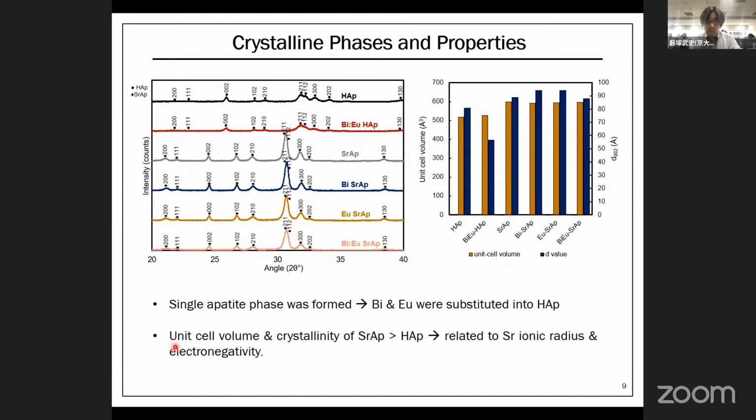I think these are nanocrystals of apatites, is that right? It is effective for cancer, and the dissolution rate is very high compared to those synthesized at high temperature, I think.